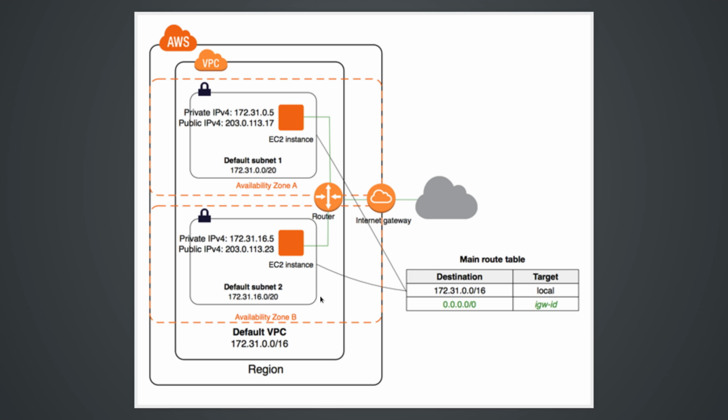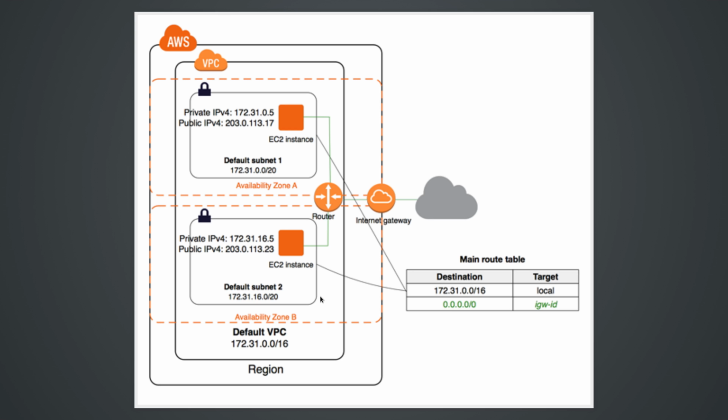Both have a single instance configured in this example, and what you see is 2 IP addresses, a private IP address and a public IP address, both of them IPv4 addresses, and a single routing table.